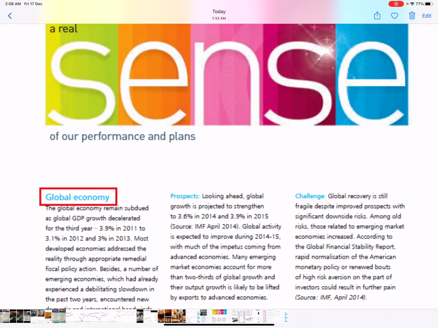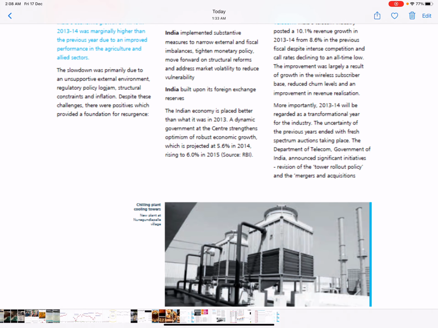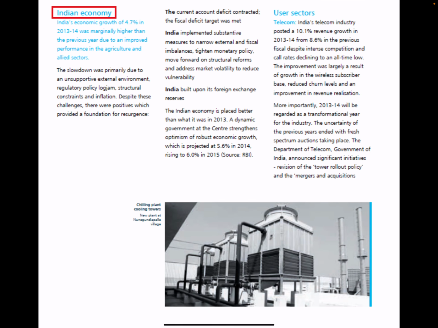Then the company's view on the Indian economy can be seen here. And following this, the company usually talks about the industry trend and what they expect for the year ahead. This is an important section as we can understand what the company perceives as threats and opportunities in the industry.